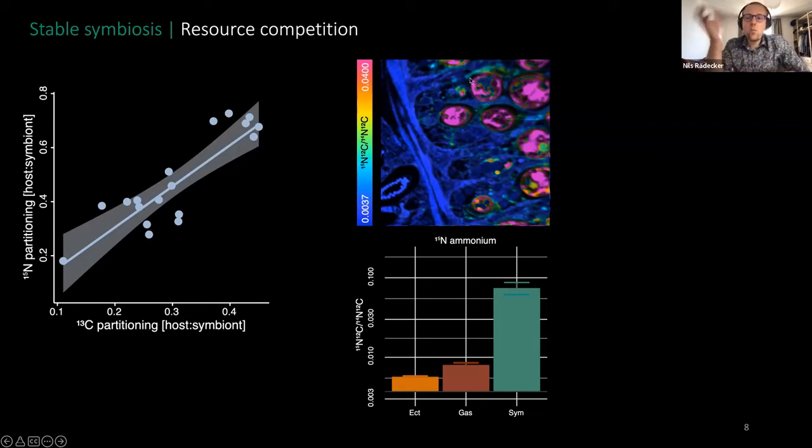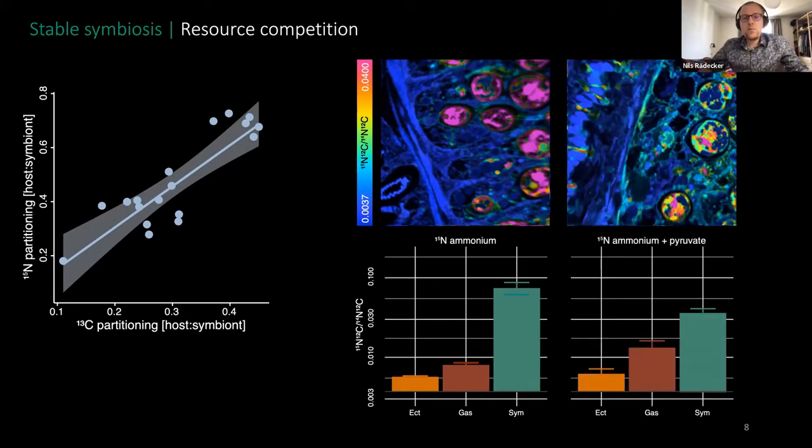And so now one way to look at these data, of course, could be that this uptake of ammonium here is the result of translocation. So these algal symbionts are autotrophic, so they assimilate ammonium, and they not only share carbon, they also share nitrogen with their host. But we see that this is actually not what is happening when we repeat the same study in the presence of pyruvate.